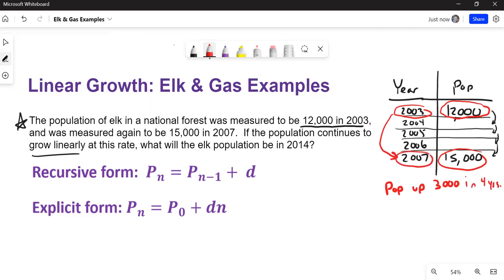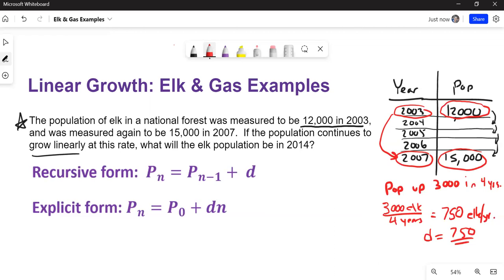So if you use a little division, 3,000 elk divided by 4 years, let me grab my calculator. 3,000 divided by 4 is 750 elk per year. So that would be my D. My D is 750. That's my change. And my other information is given right in the problem.